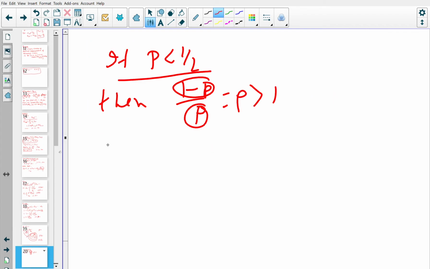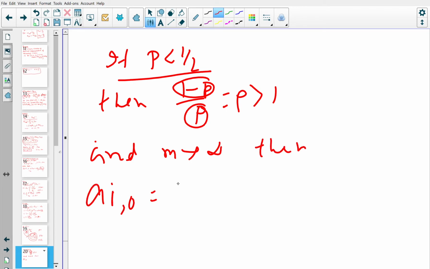So let's say m tends to infinity, then what happens? Then a_i0 means the probability of you losing, and this is (rho power i minus rho power m) by (1 minus rho power m), right?